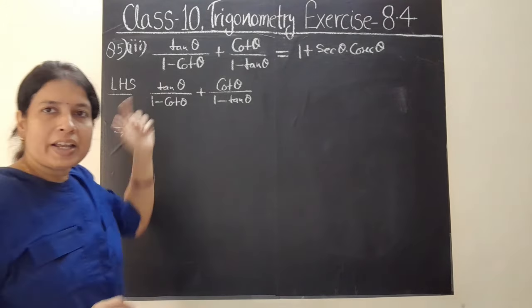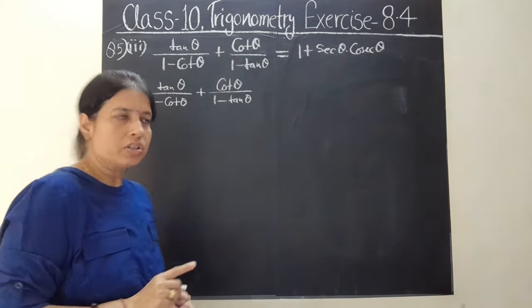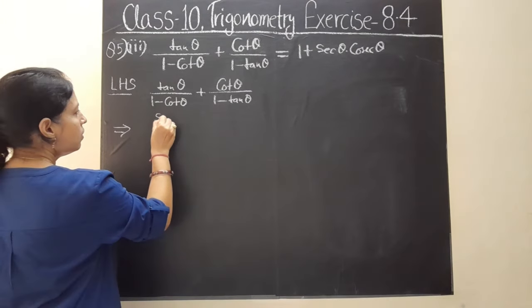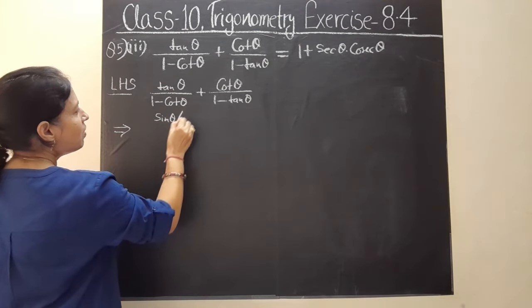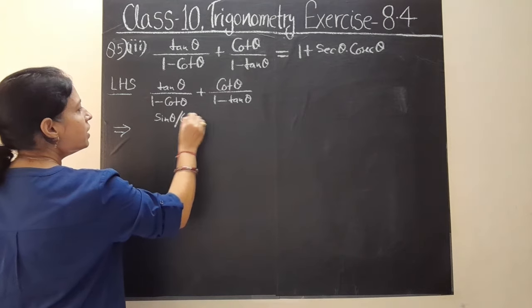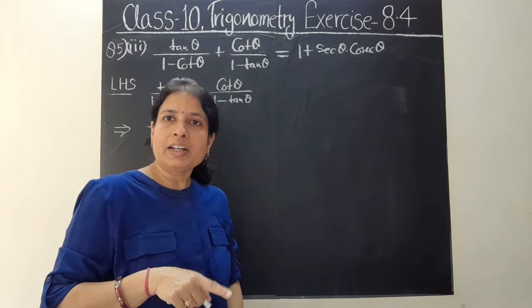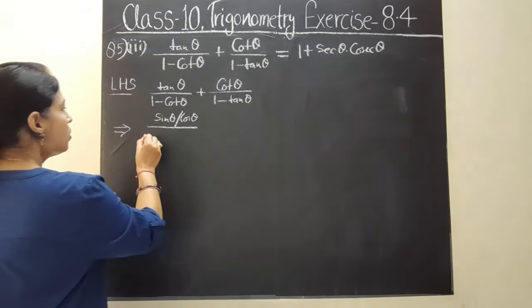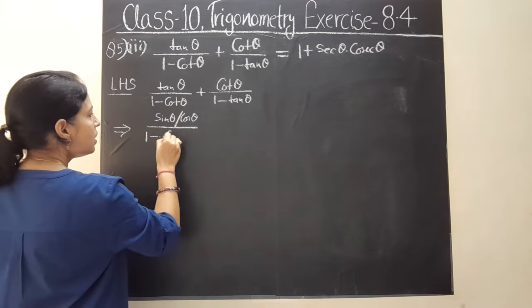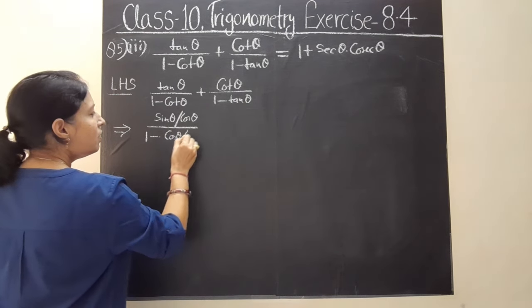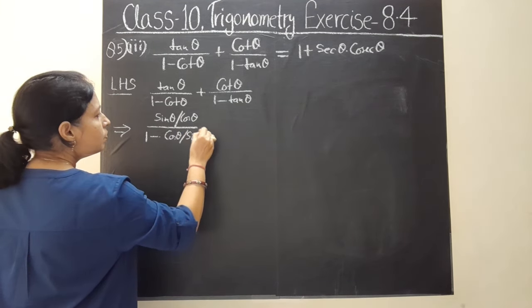So you know that tan theta is equal to sin theta by cos theta. So write here sin theta divided by cos theta. And cot theta is equal to cos theta divided by sin theta. So write here 1 minus cos theta divided by sin theta.